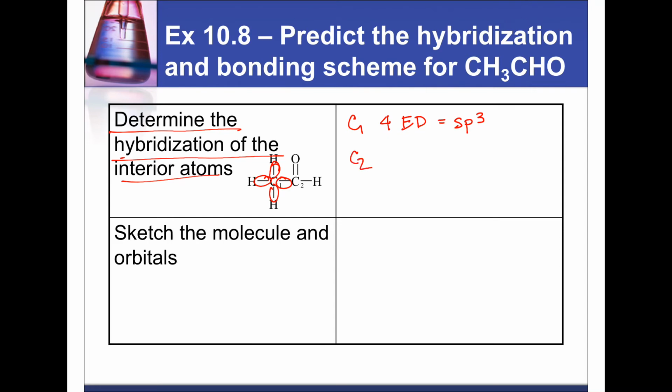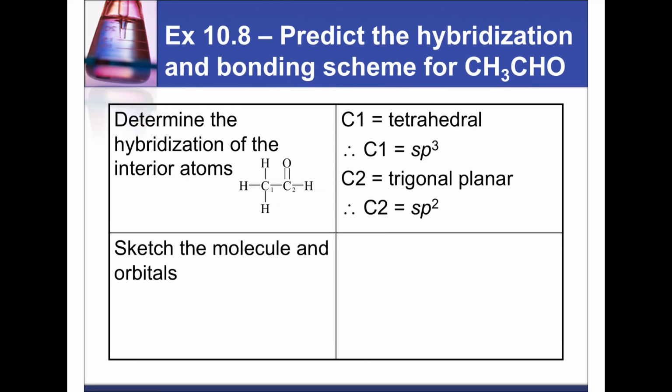Carbon 2 has 1, 2, 3 electron groups or electron domains, and that means that it is sp2 hybridization. So I'm going to use that sp2 hybridization to draw around the central atoms.